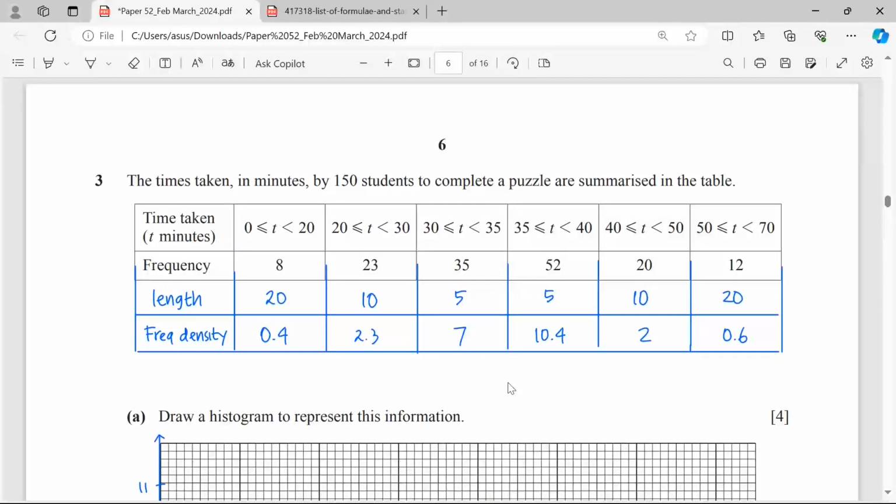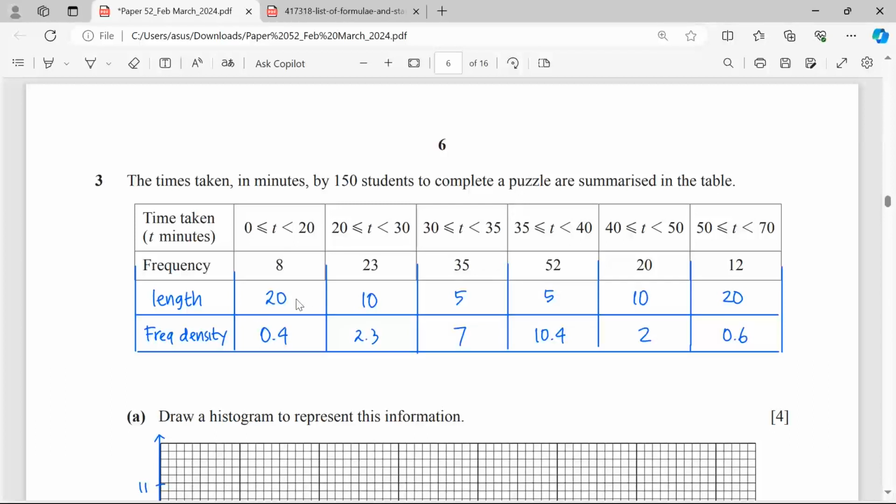Alright, so if you have a question about drawing a histogram, the first thing that you have to check is whether the length of the intervals is the same. If you take a look here, the first one, the length is 20. Yeah, 20 minus 0 is 20. For the second class or the second interval, the length is 30 minus 20, which is 10.